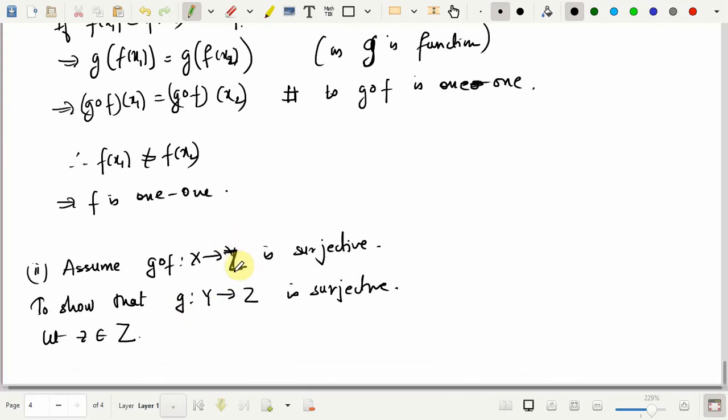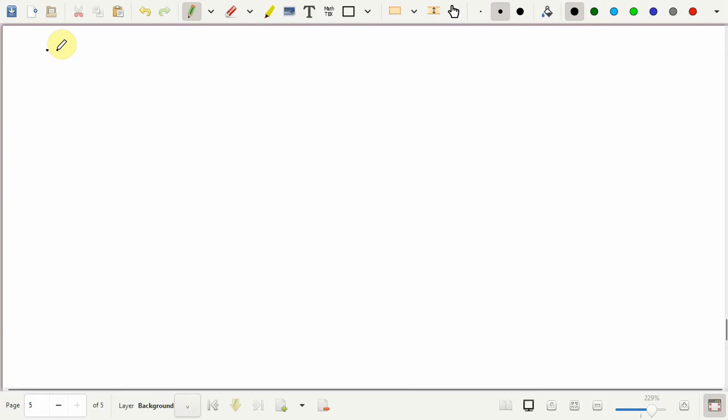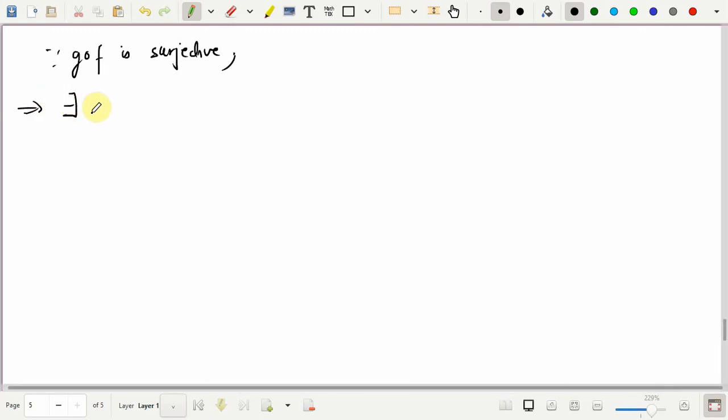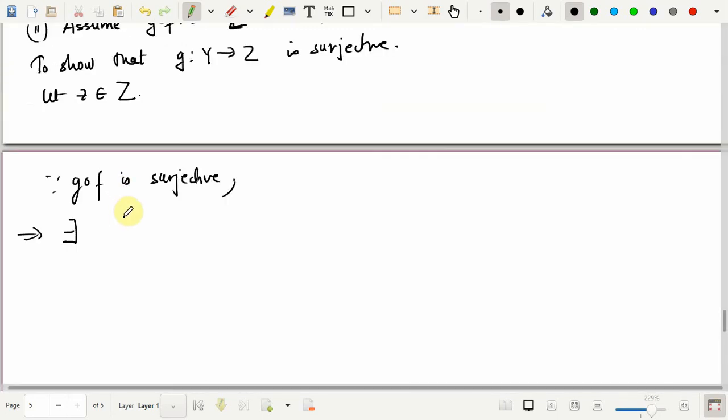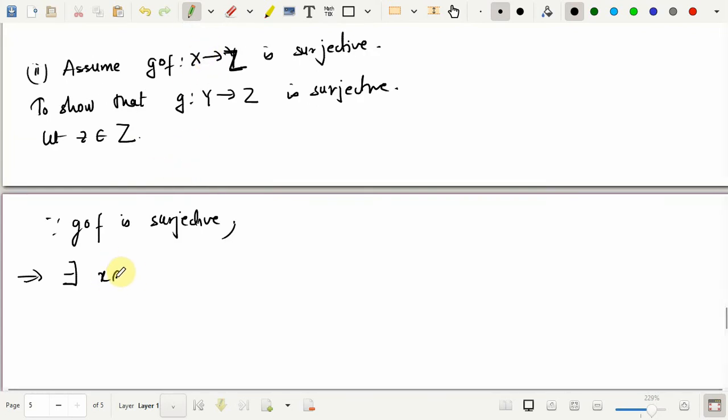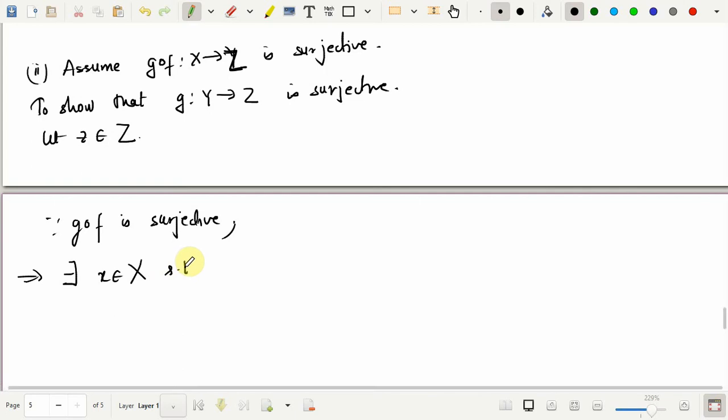Now z is a point in Z, so this z should have a pre-image under the map G composite F, because the codomain of G composite F is Z. So since G composite F is surjective, this implies that there exists a point x in the domain of G composite F, that is X, such that G composite F at this x is nothing but z.